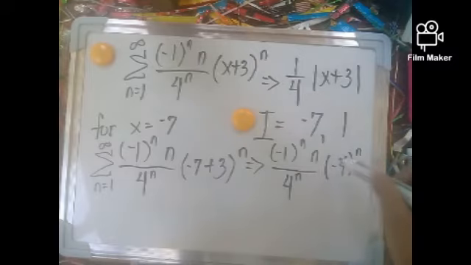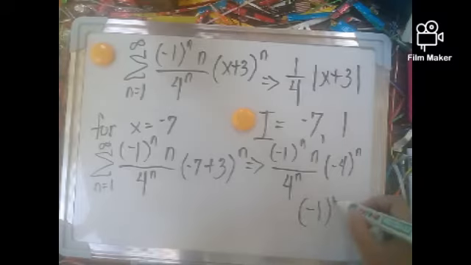Again, paano nga tayo mag-breakdown ito? We have negative 1 raised to n, and then 4 raised to n.